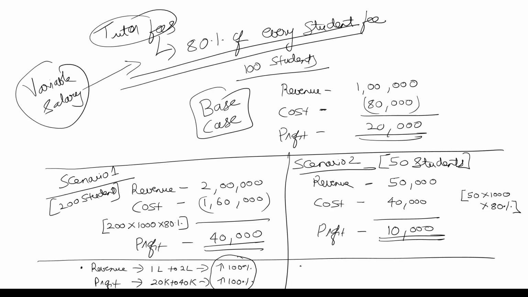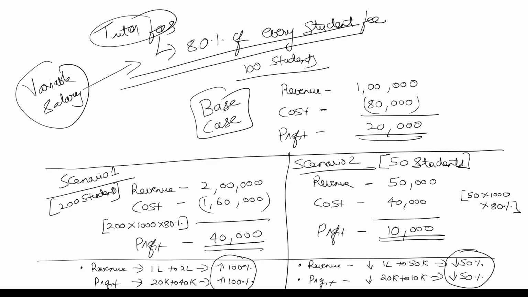Coming to the second scenario, revenue drops from 1 lakh to 50,000. So that is a 50% drop. And profit drops from 20,000 to 10,000. And that is also a 50% drop.